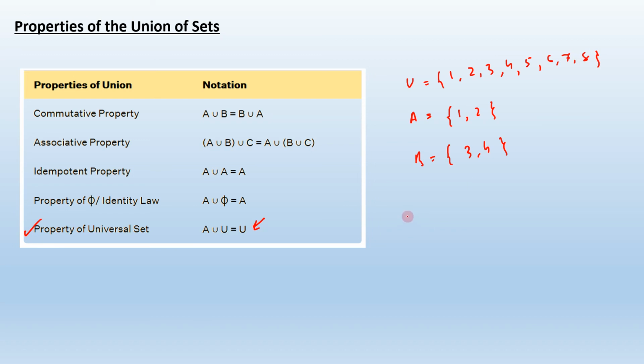So what will be A union universal set? That will be equal to 1, 2, 3, 4, 5, 6, 7 and 8. So we are trying to find out the union of set A with universal set, and as you can see, the union of the given set with a universal set gives the result as the universal set. I hope this makes sense.